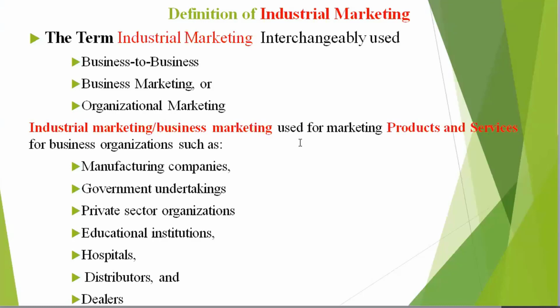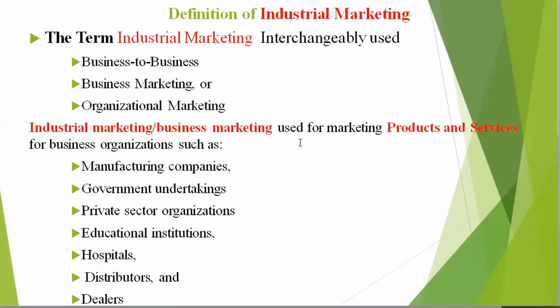The ultimate goal of this industrial marketing would be selling or identifying. I hope you are familiar with what marketing is. Marketing is the process of identifying the customer's need and delivering the product that satisfies the customer's need.